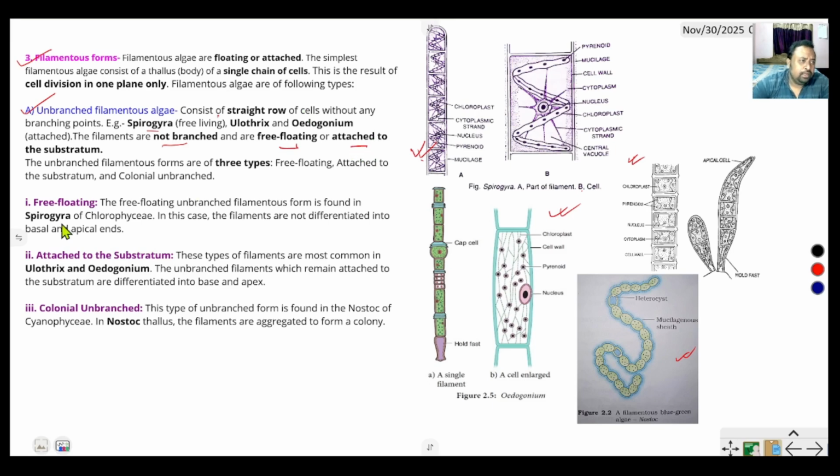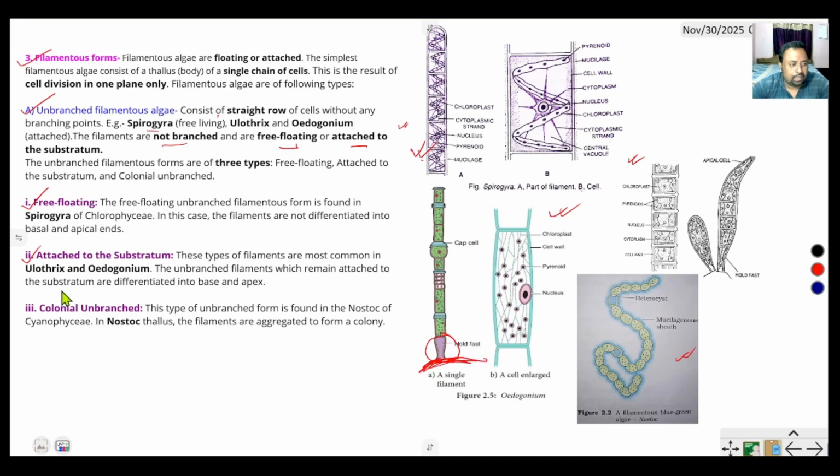The freely floating unbranched filamentous forms are found in Spirogyra. Spirogyra floats freely in water. Clear? Attached to the substratum like Oedogonium. This is the holdfast. By this holdfast, they attach to soil or rock, etc.